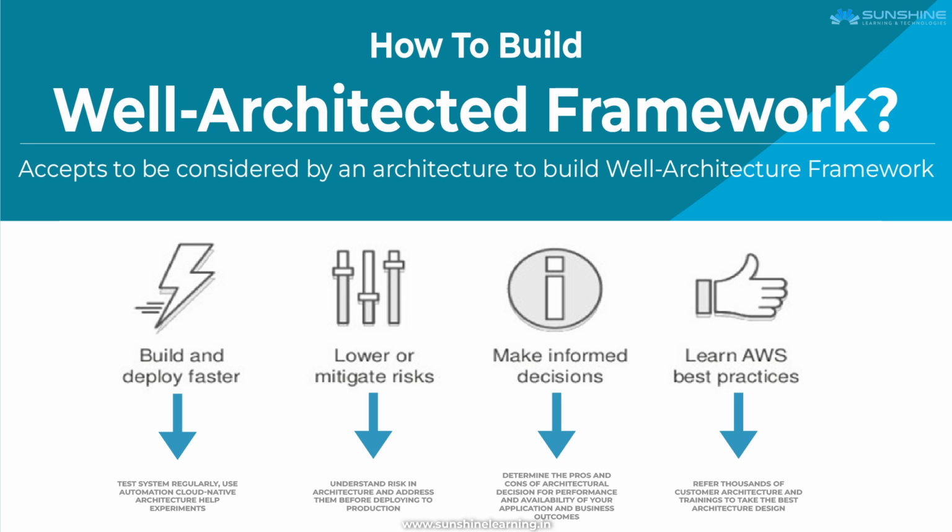We should follow the case studies that AWS offers and refer to thousands of customer architectures and trainings to arrive at the best architecture design. AWS recommends their best practices, and we should follow them in our architecture deployment and even the architecture design. Apart from that, for requirements similar to ours, we should also look into case studies of how it was done by organizations in the past.